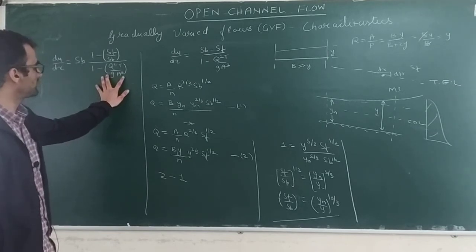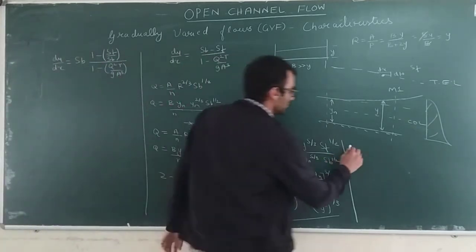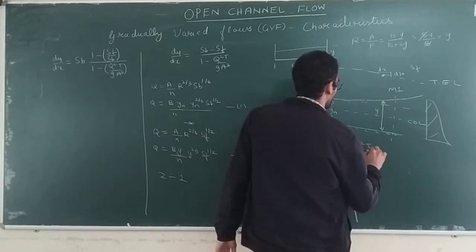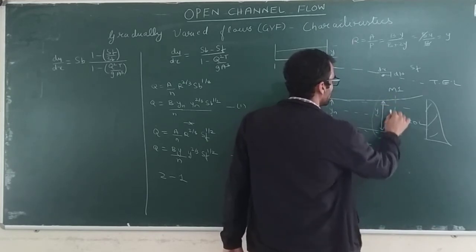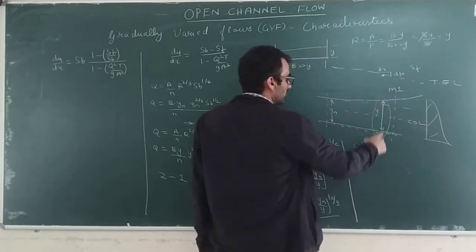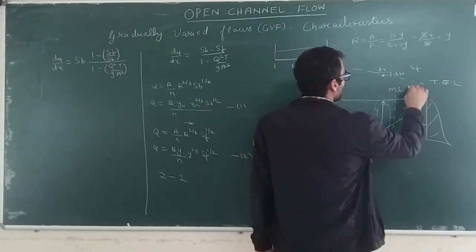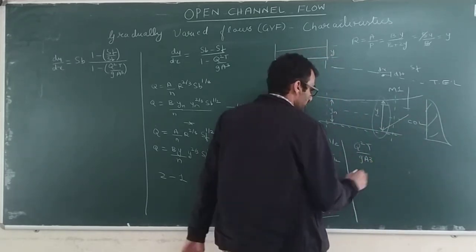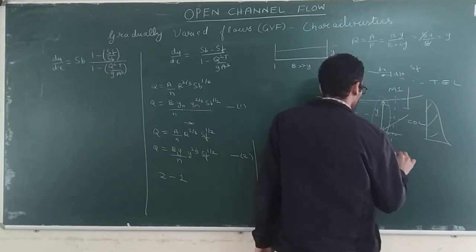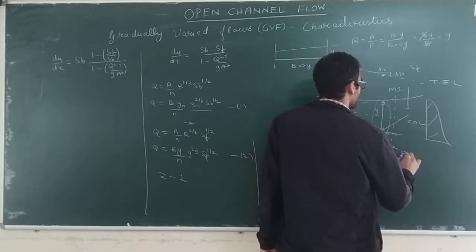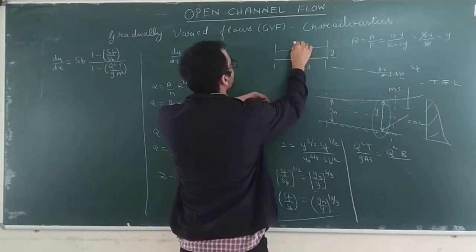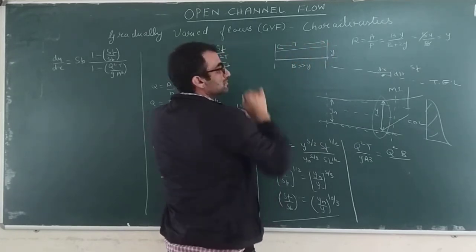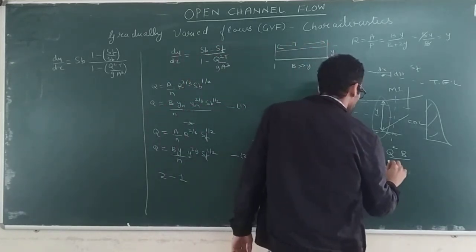Let us find another way to express this Q square T by g A cube term. For a wide rectangular channel in the GVF zone, we will calculate it at this flow location. Q square T is what? The top width is just the base width B. Then upon g, what is A cube?